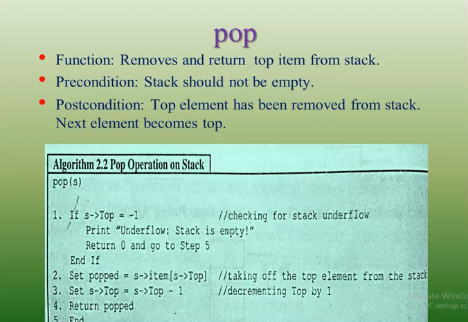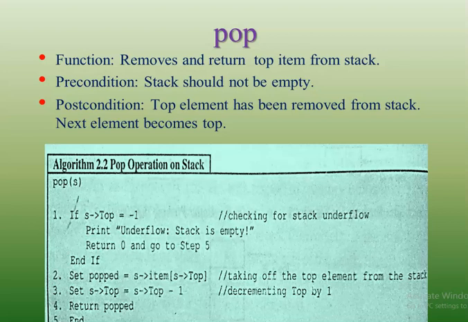In the pop operation we will be checking for stack empty. In the push operation we will be incrementing the top index first and then assigning the value. Here we will be taking out the value first and then decrementing the index value. So that is push and pop operation.